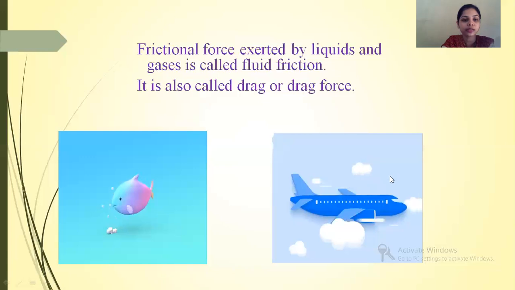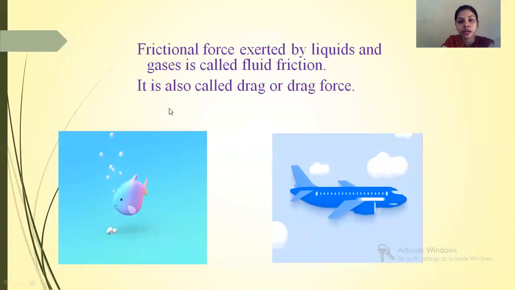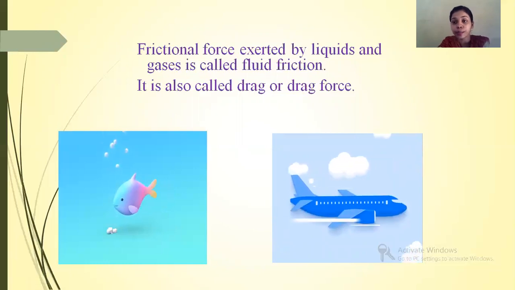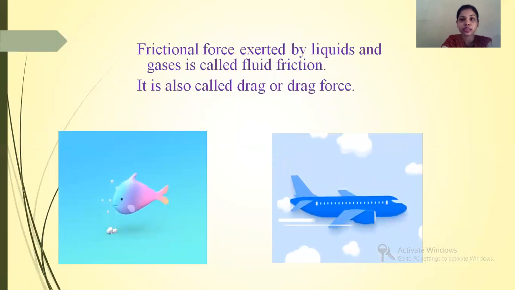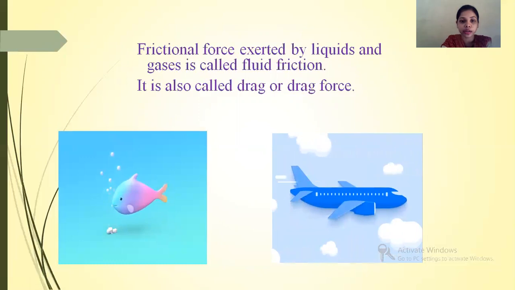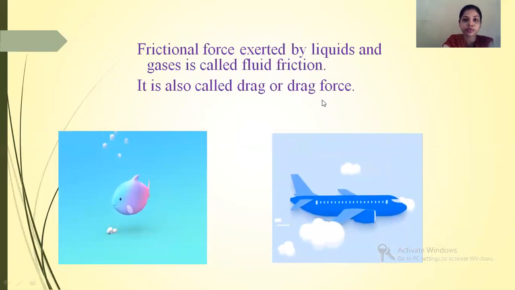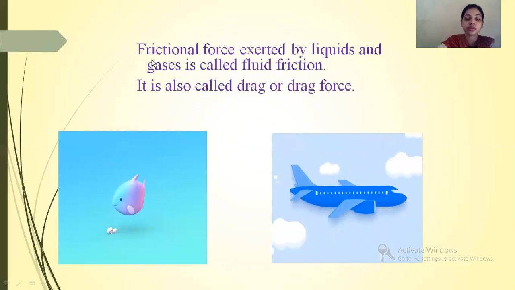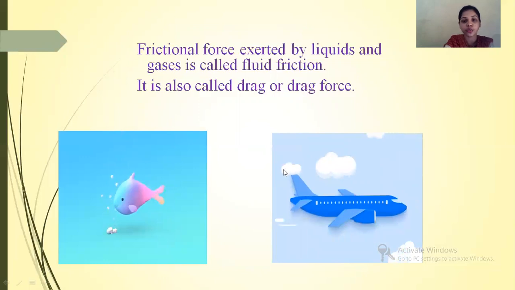As we already learned, frictional force is offered by solids, liquids, and gases. But the frictional force is maximum in solids, and less in liquids. So what exactly is fluid friction? The frictional force exerted by liquids and gases is called fluid friction.